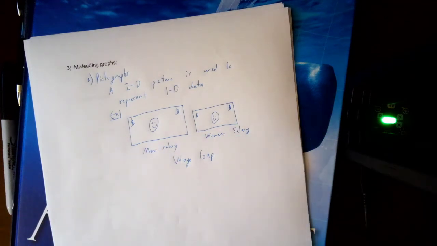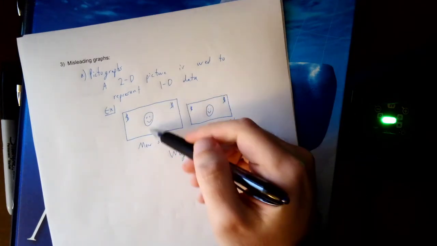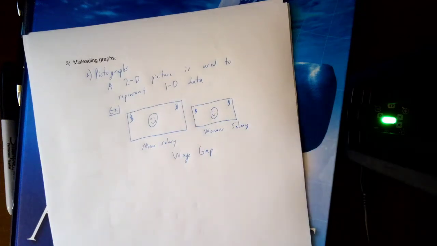Money is one-dimensional data. It goes up or down, right? It increases or decreases. It can't go left or right. A picture is two-dimensional, right? It has an up and down and a left and right.